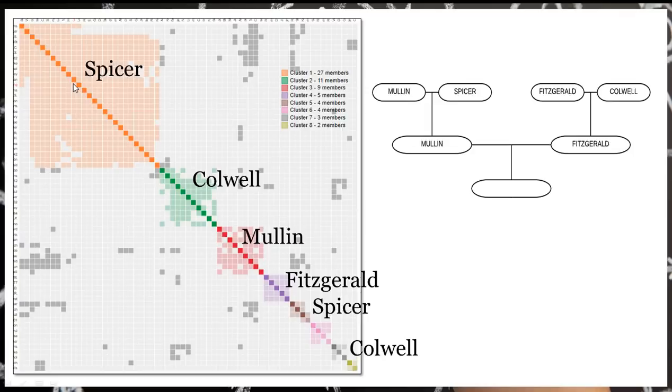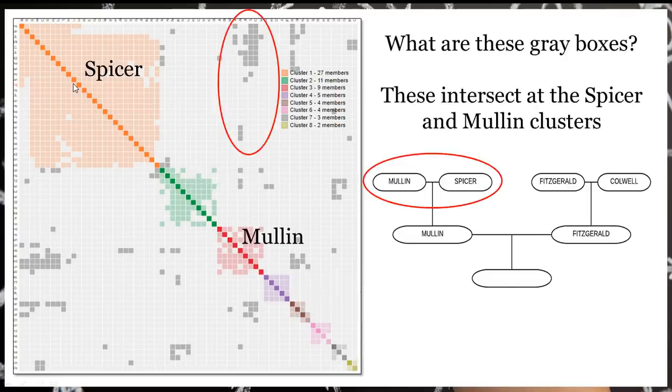We're going to get back to the gray boxes here, but one interesting thing to note is there are a lot of people that won't cluster closely with a particular group. So here, for example, we have a large group of gray boxes. What you'll note is that they align here with the Spicer family this way and with the Mullen family this way. And indeed, we can see the Mullen and Spicers are married here.